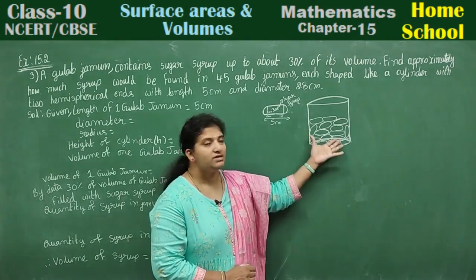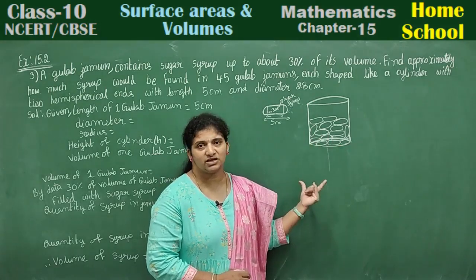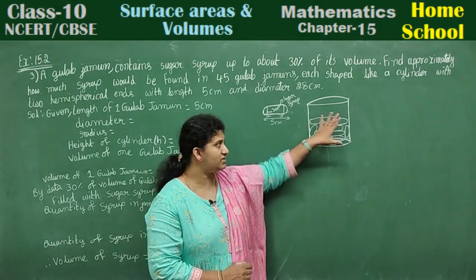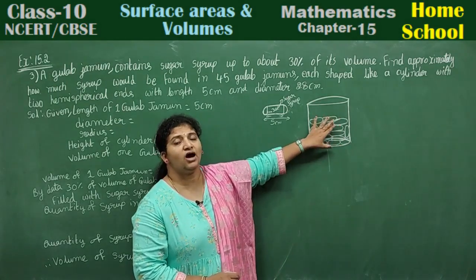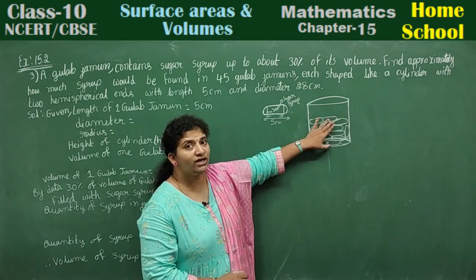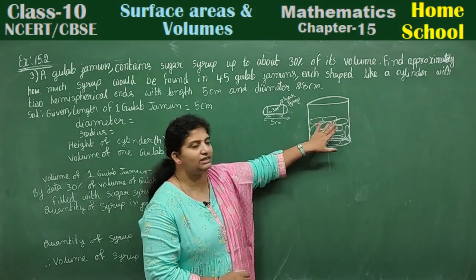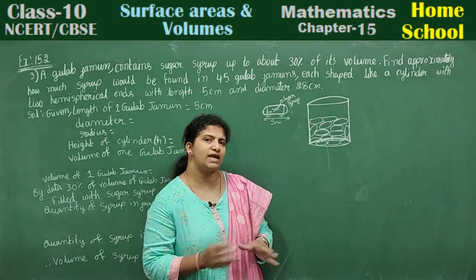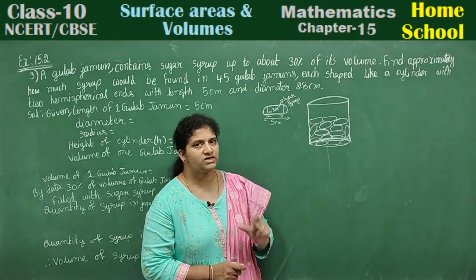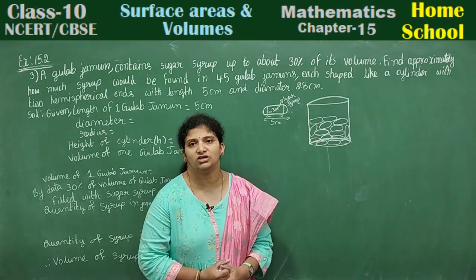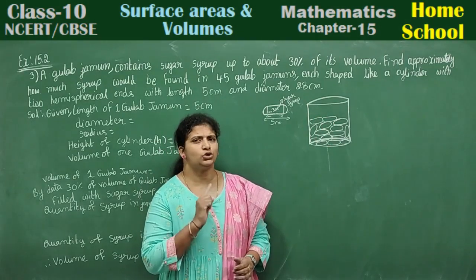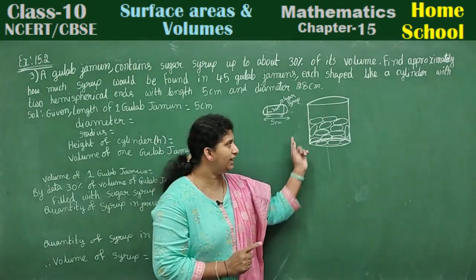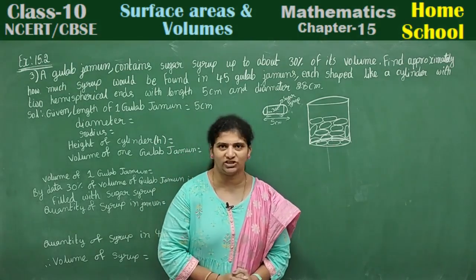It is in cylindrical and two hemispheres joined shape. There are how many jamuns here? 45 jamuns are present in this container, each having the same volume. Each jamun is covered with 30% of sugar syrup. What is the total syrup contained in 45 jamuns is your question.